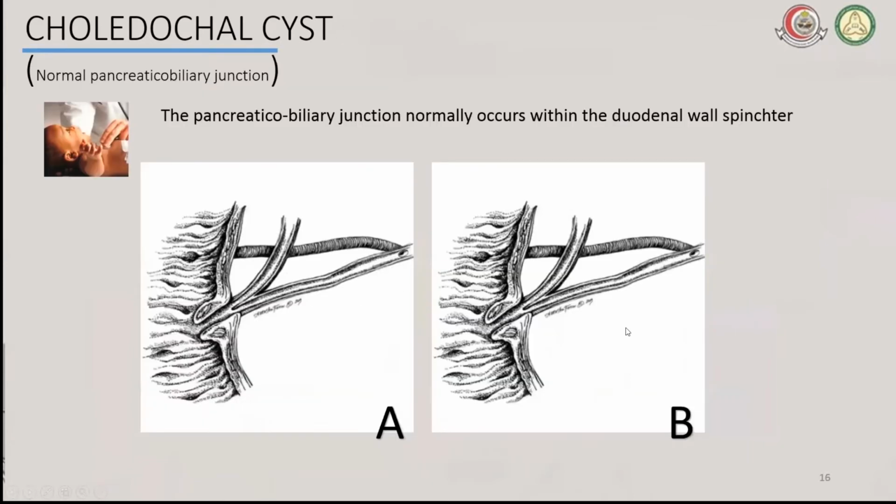This is what we have been speaking about, which is Babbitt's theory for the choledochal cyst, in which there is a malunion between the pancreatic duct and the common bile duct, and there are three types of this, depending on the location and the angle of the joining of the common bile duct to the pancreatic duct, whether at a right angle, or a long channel, or directly joining the pancreatic duct with an acute angle.